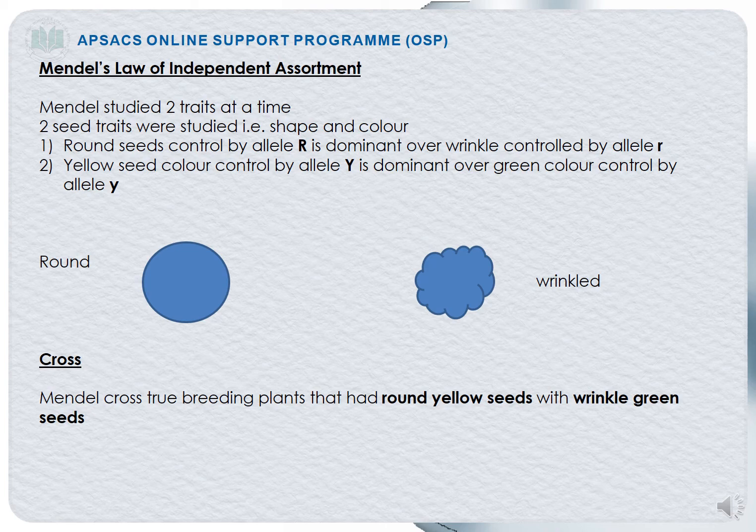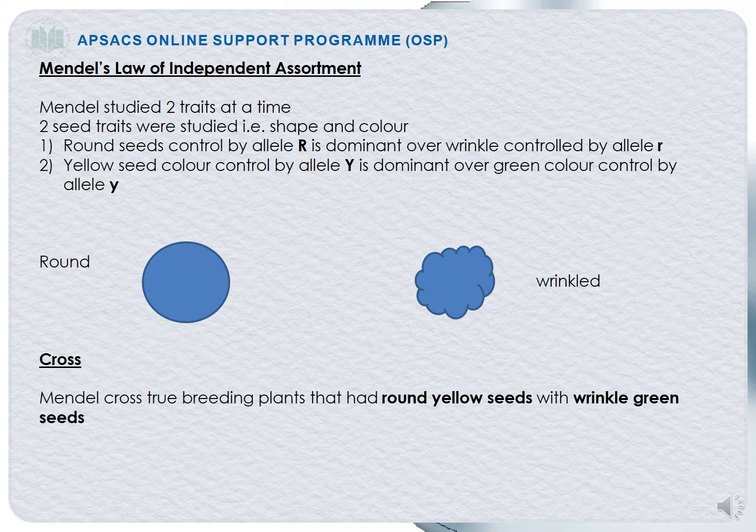So the round seeds and wrinkle seeds, while yellow color and green color, these are the two traits. Always remember that round seed is dominant over the wrinkle shaped seed, while yellow color is dominant over the green color in the pea plant.